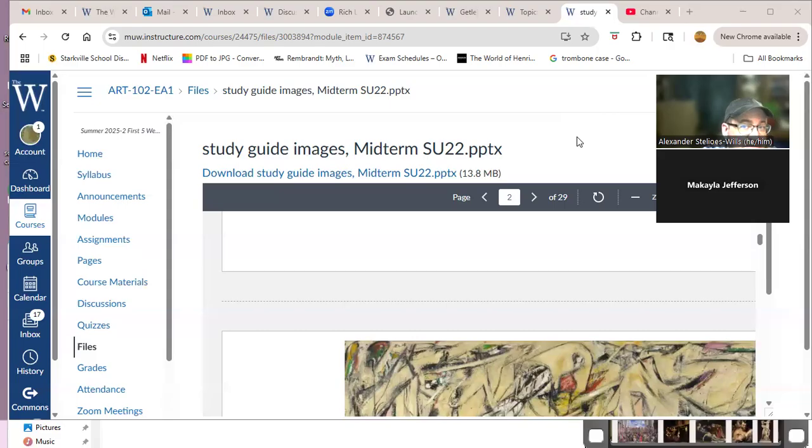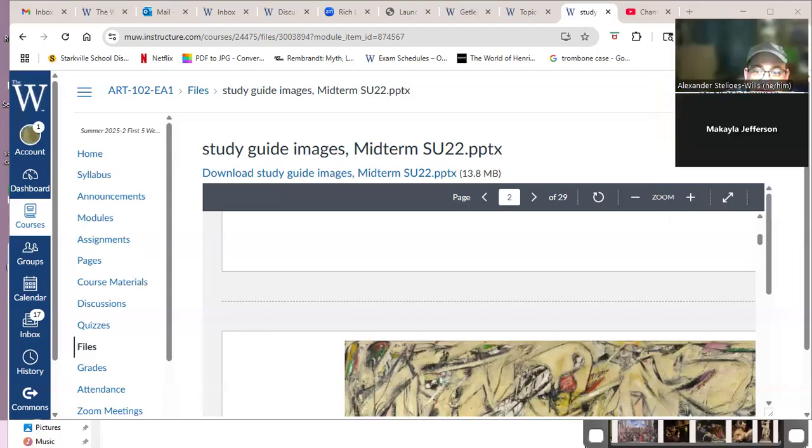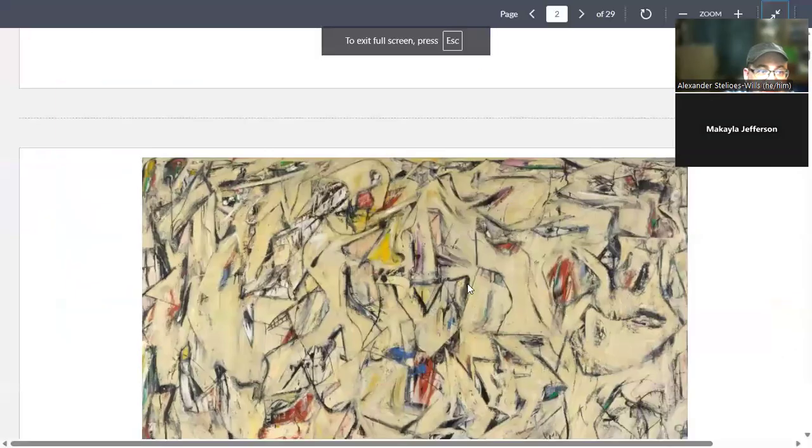Do you have any specific questions about the written part of the study guide? Okay. All right. Well, then let's just look at the images of the artwork.